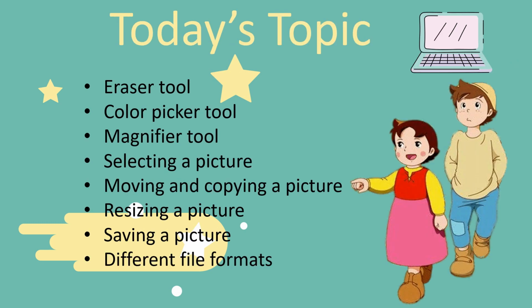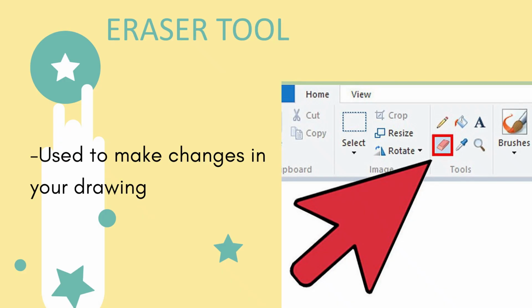Today we will learn eraser tool, color picker tool, magnifier tool, how to select a picture, moving and copying a picture. In this cut, copy, paste options will come. Resizing a picture, how to make a picture big and small. Saving a picture, different file formats. Now, I hope you have learned to draw pictures using Microsoft Paint.